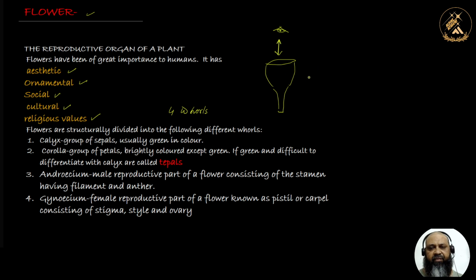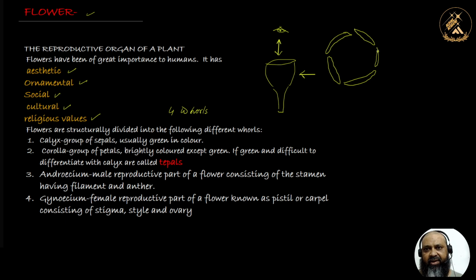And a flower can be observed from the side also; that is the lateral view. When you see the flower from the top, obviously you will see some ring-like structures. For example, the outermost leaves are visible from the top of the flower.